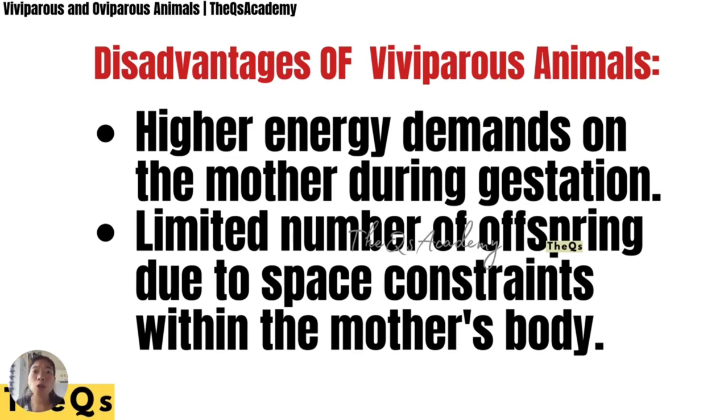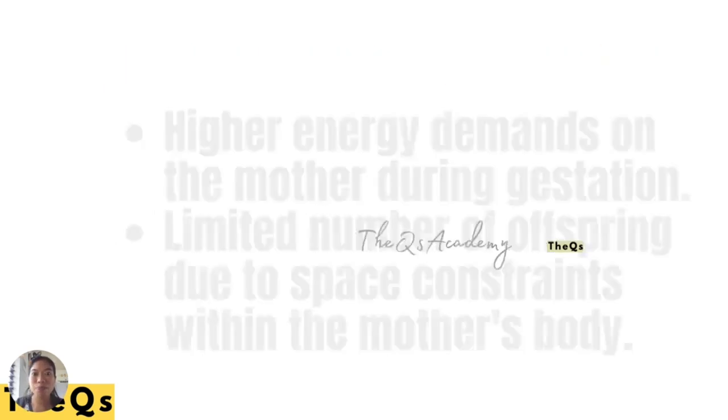So we also have disadvantages. There are higher energy demands on the mother during gestation. Of course, you need to be healthy, right? There is also a limited number of offspring due to space constraints within the mother's body. Of course, so we have here examples of viviparous animals, live birth.